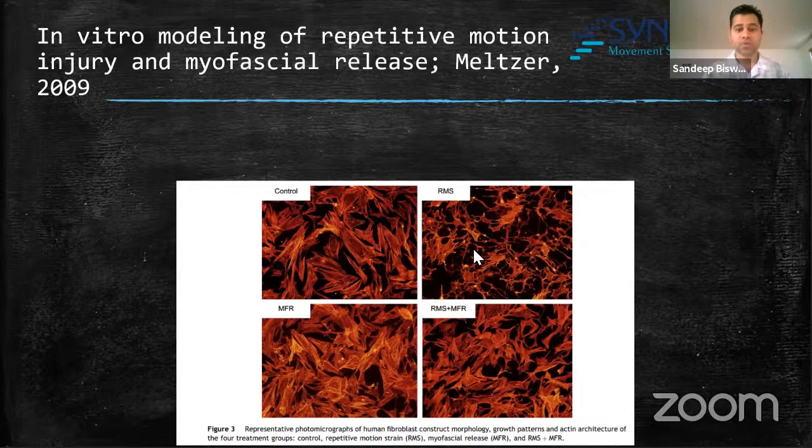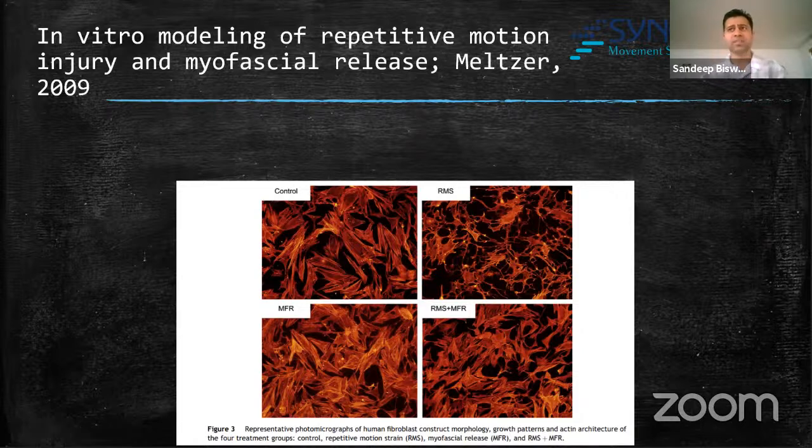Then he performed myofascial release and saw how the fibroblasts reorganized. You can see on the slide just under it on the left side, this is again the control, and without injury, he performed myofascial release, and that also increased the fibroblast activity and made the tissue healthier.